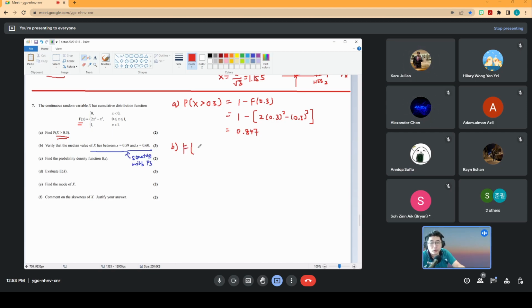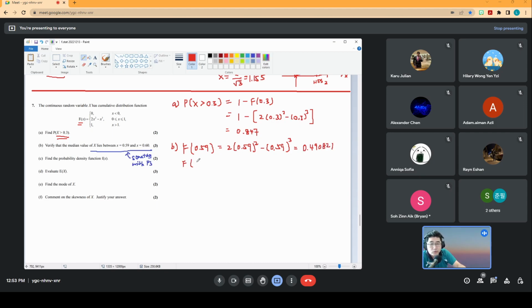Yes, so we substitute 0.59 into capital letter F. So you have 2 times 0.59 squared minus 0.59 cubed. Calculating, I have 0.490821.